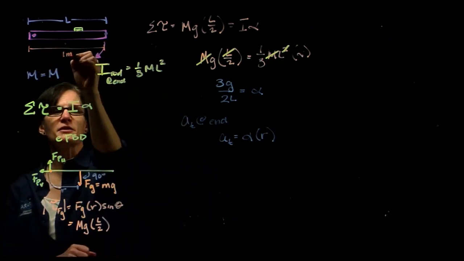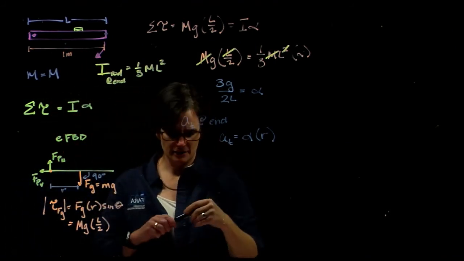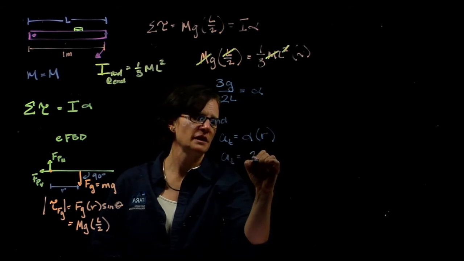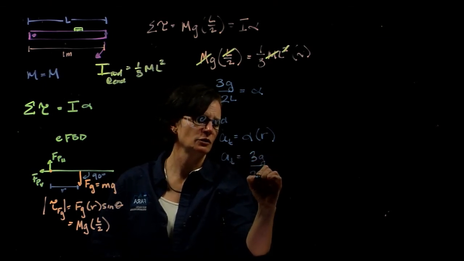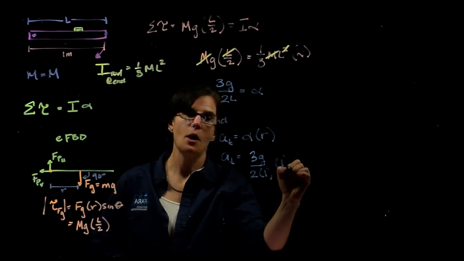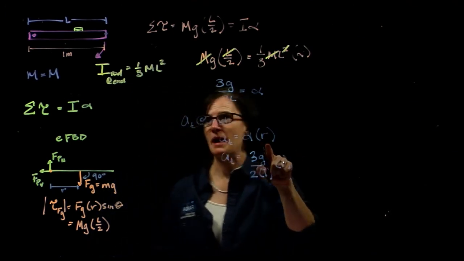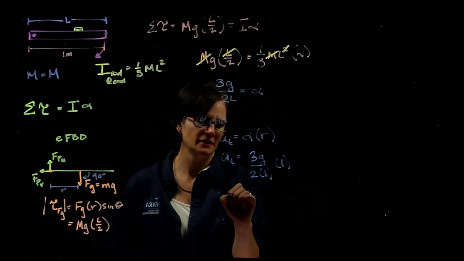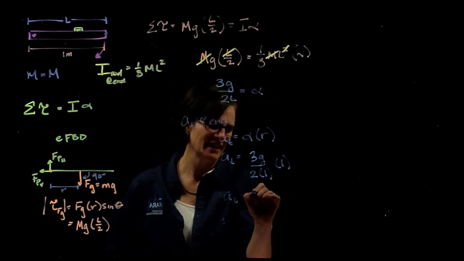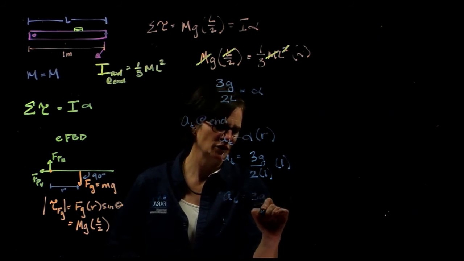If I have a meter stick, then my angular acceleration is 3g over 2 times 1 meter, times the radius of 1 meter, because I'm at the end. My tangential acceleration is 3g over 2.